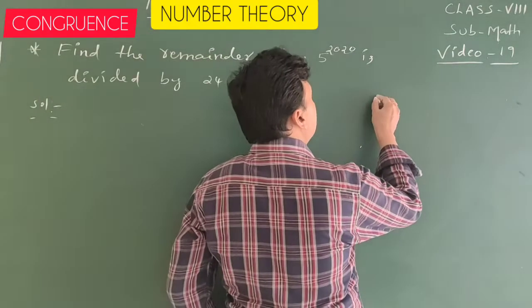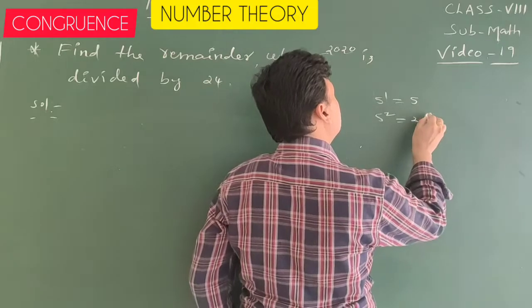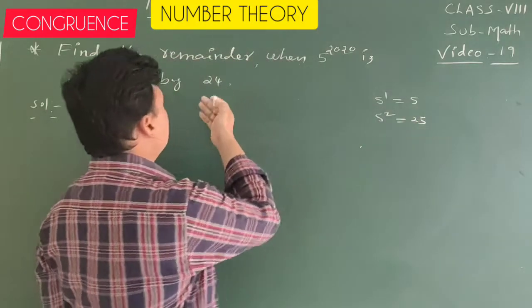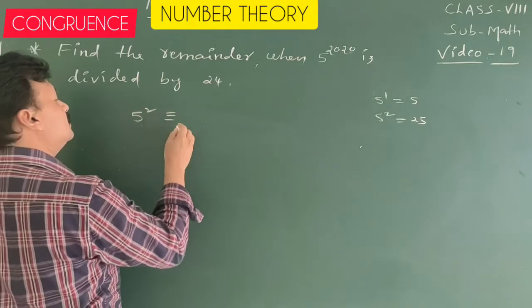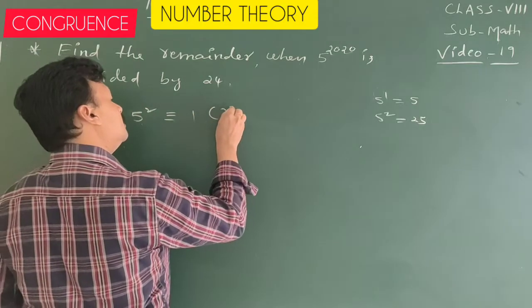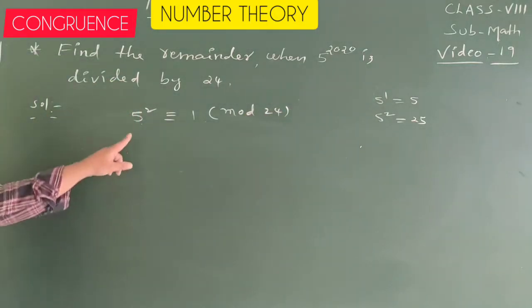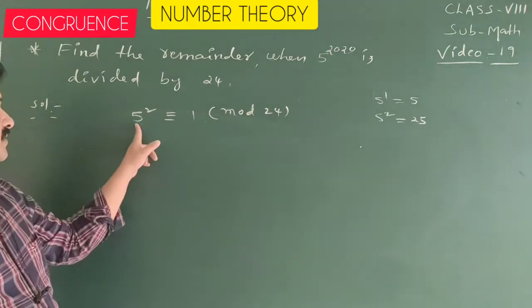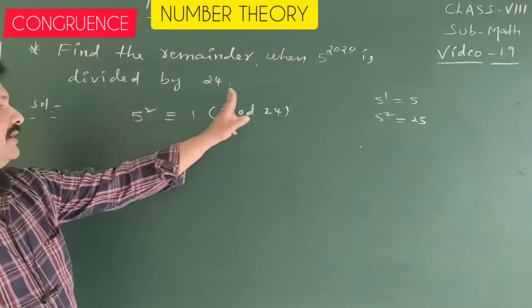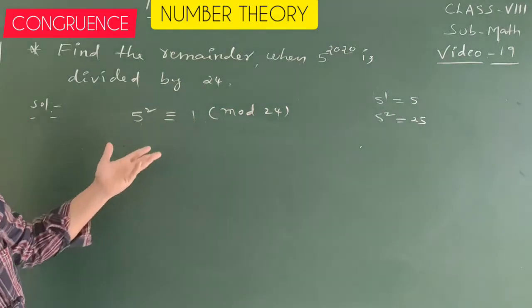Here 5 power 1 means 5 only, 5 squared means 25, which is close to 24. Then we can take 5 squared congruent to 1 to the mod 24. 5 squared means 25. 25 divided by 24, then we will get 1 as the remainder. So it is the easiest one.